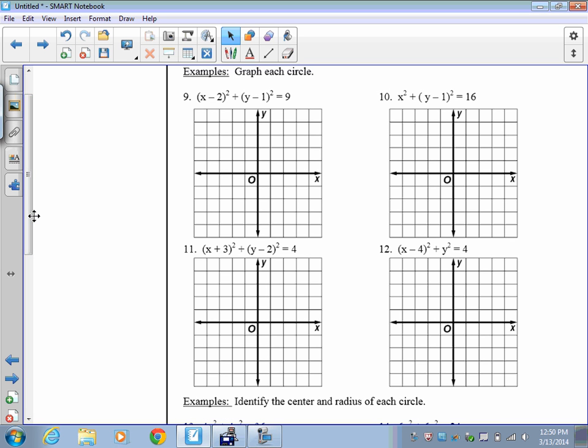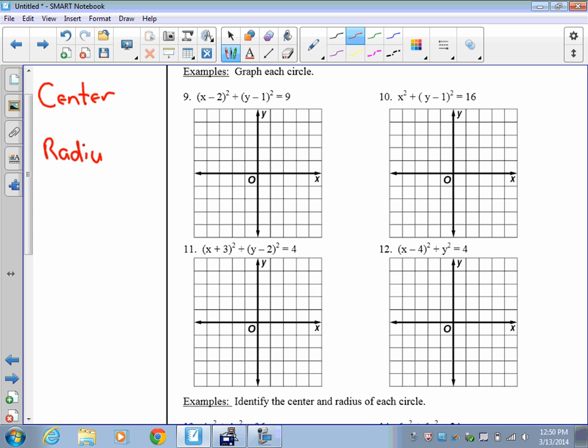We're asked to graph each circle. So what we need to find is the center and the radius. For number 9, the center, we already figured that out from the last types of problems, is (2, 1). And the radius is the square root of 9, or 3.